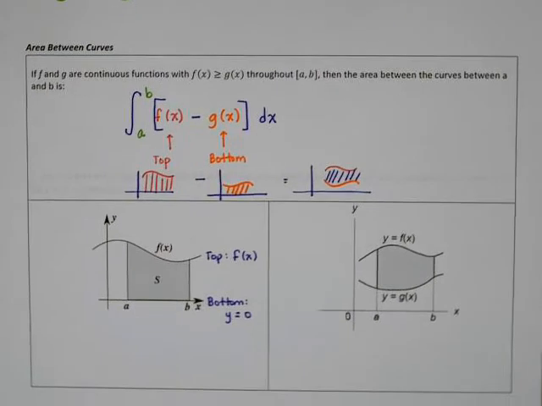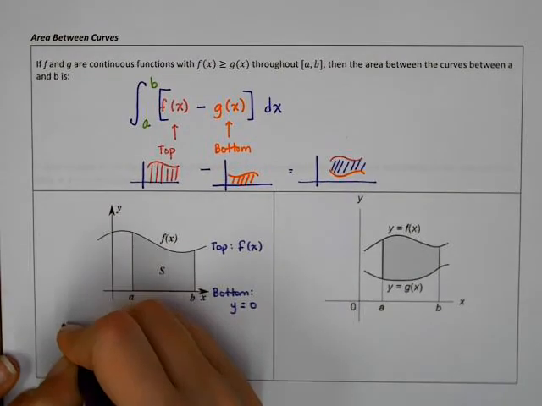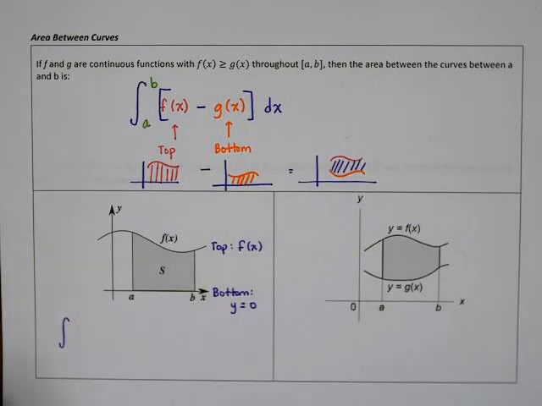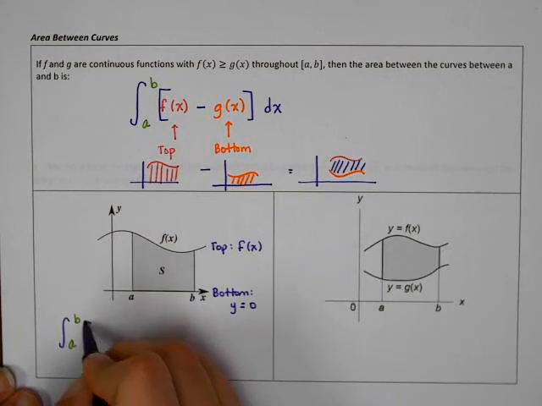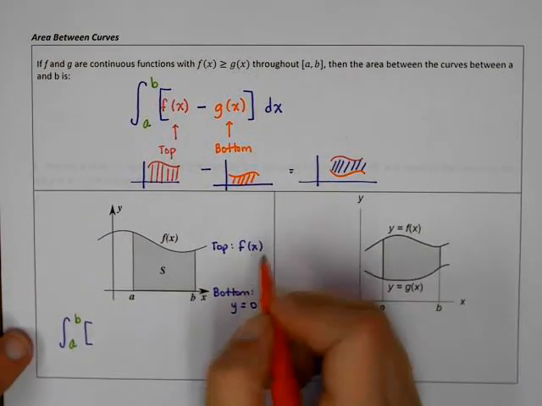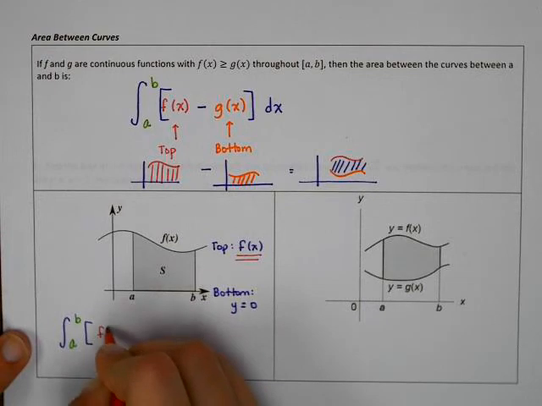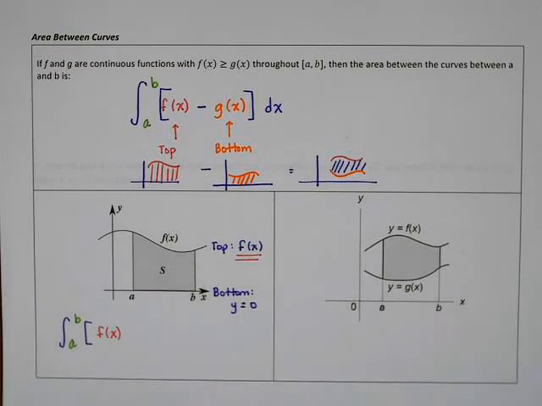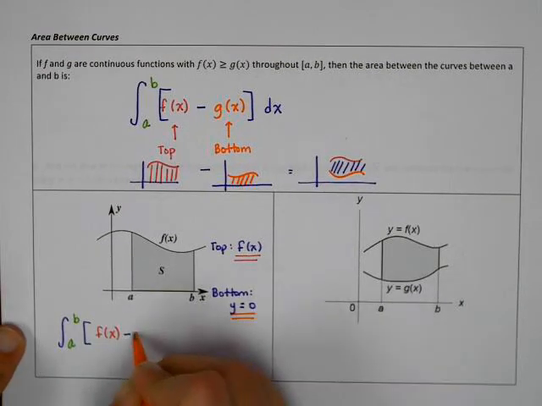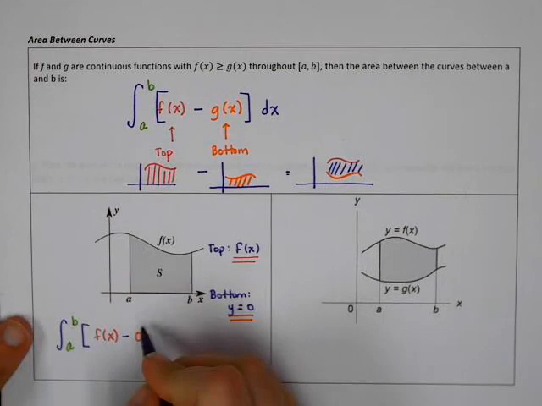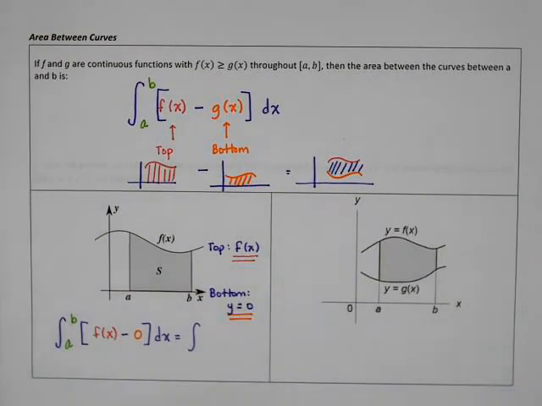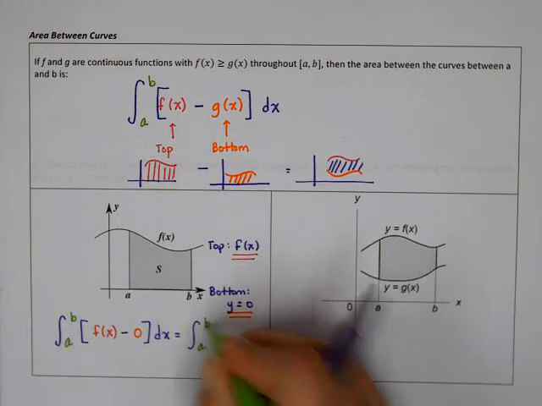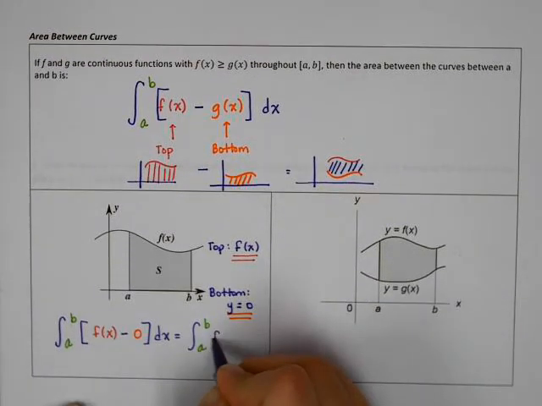So if we still use this idea of top minus bottom, our integral would be from a to b of our top function, which is f of x, minus our bottom function, which is just 0. And since we know that subtracting 0 just gives us f of x, it would really just be the integral from a to b of just f of x.